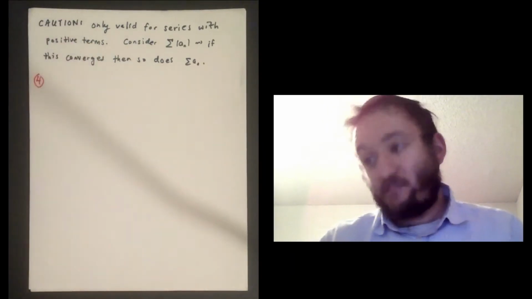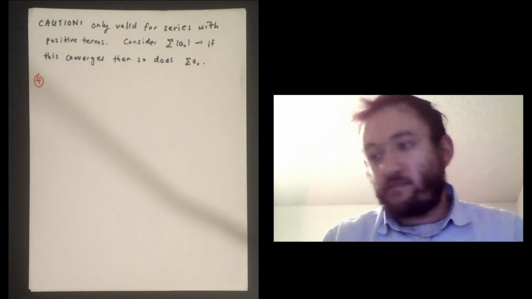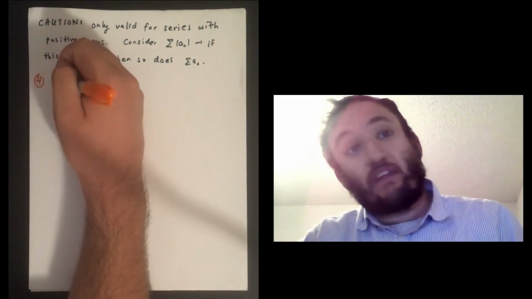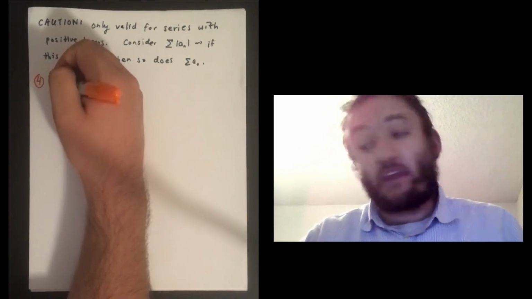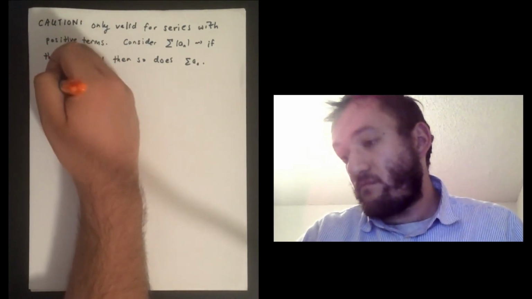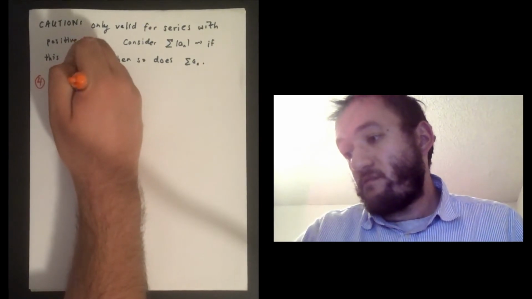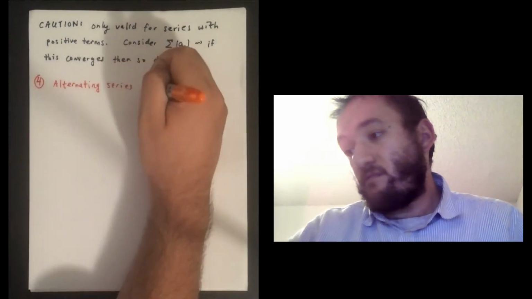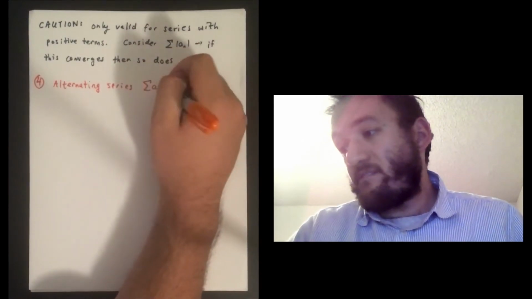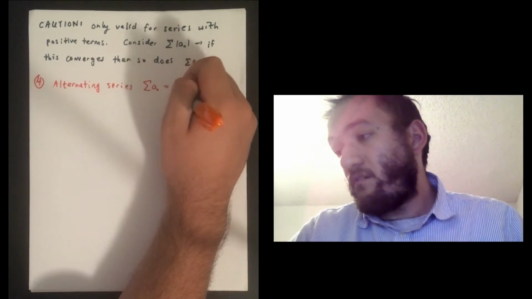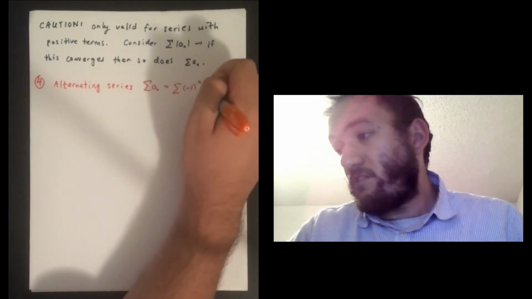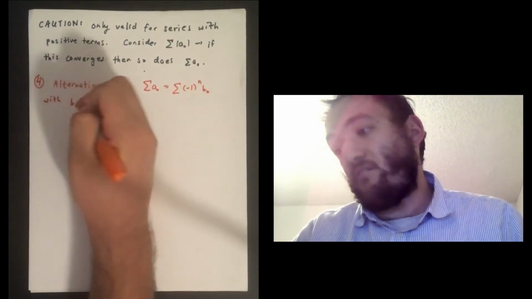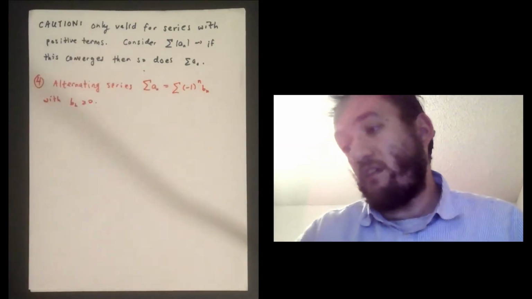Okay. Next up, let's say you don't have a comparison that you can see right away, but you notice that the series has alternating terms, or the terms of the series are alternating in sign. So, okay, it's an alternating series. In other words, you're looking at the sum of a_n where you can split up each a_n as (-1)^n b_n, with b_n positive or non-negative.